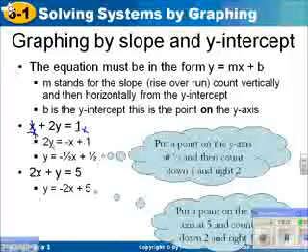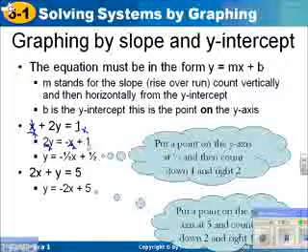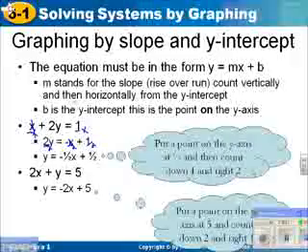And then I have to get rid of the multiplying by 2, so I divide everything by 2. And that's how I end up with y equals, and remember there's a negative 1 in front of that x, so that's where you're getting the negative 1/2 x plus 1/2. So if I was going to graph that, I would put a point on the y-axis at 1/2, and then I would count down 1 and right 2 to make sure that the line had a negative slope.